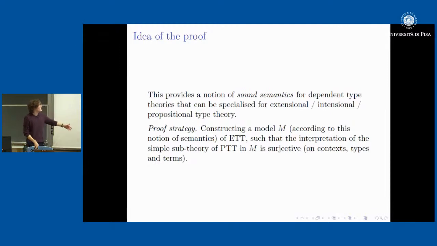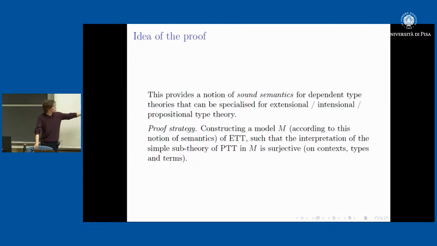The idea is that you exhibit a model M of ETT, okay? And of course, if it is a model of ETT, it is also a model of the simple fragment of PTT. Because any model of an extensional type theory is also a model of a propositional type theory. It is also a very special one.